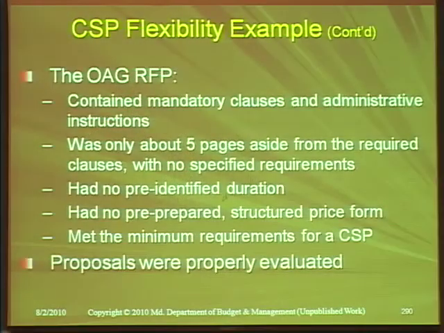So again, the RFP contained the mandatory clauses, only about 5 pages of actual specifications. And when I say actual specifications, things such as the pre-proposal conference, location and date, the bid proposal due, location and date, etc. So everything aside from the mandatory clauses was 5 pages.